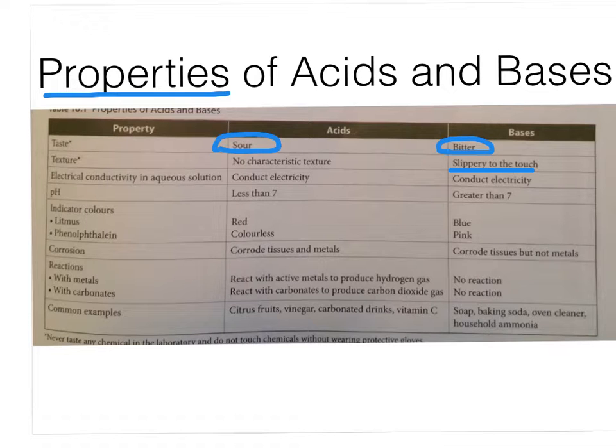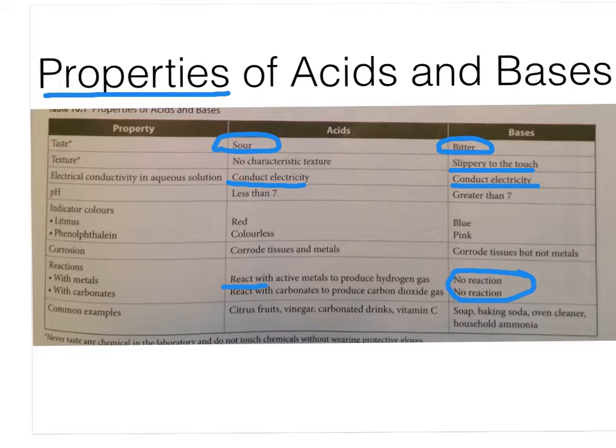Acids do conduct electricity, while bases also conduct electricity. Acids will react with metals, while bases do not have any reaction with metals.